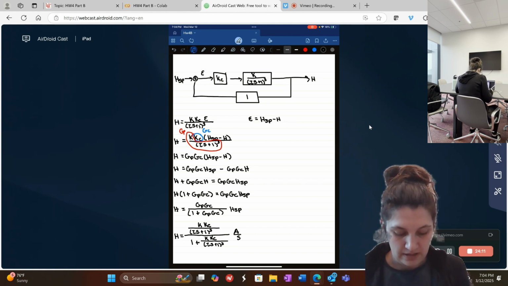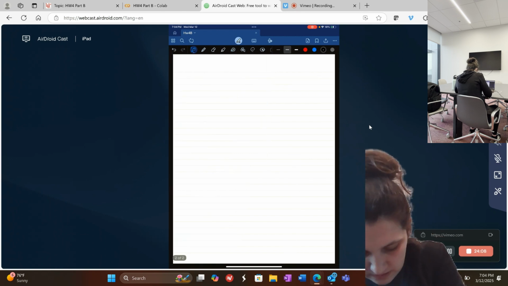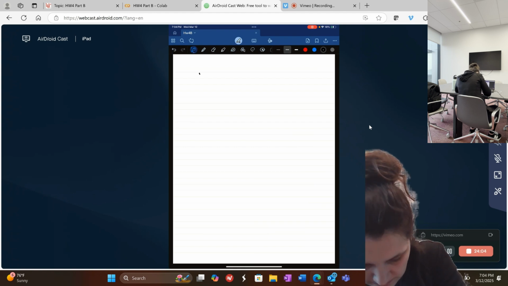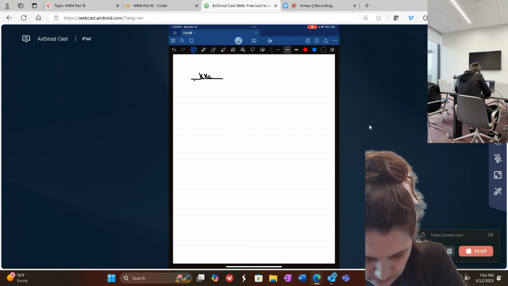And then we're going to simplify this a little bit more. So we're going to leave the numerator the same. So K Kc over (tau S plus 1) cubed.